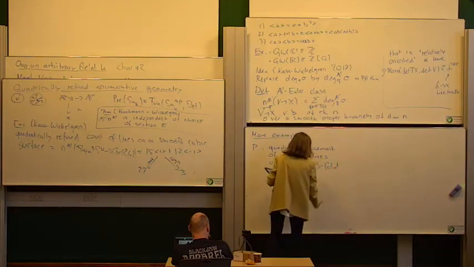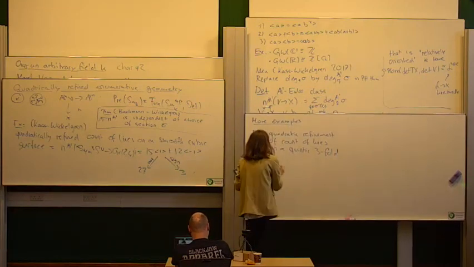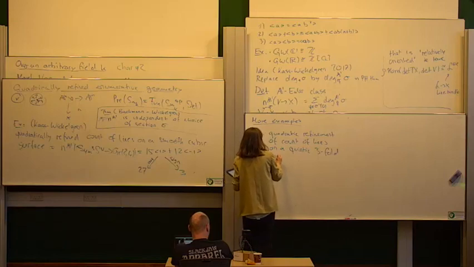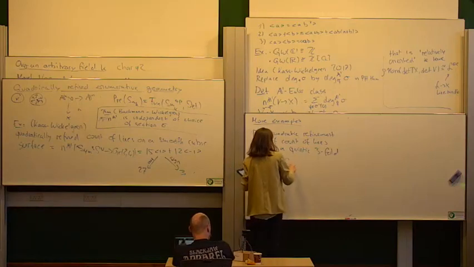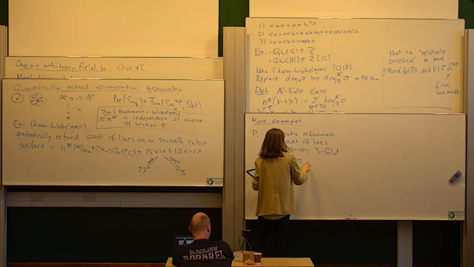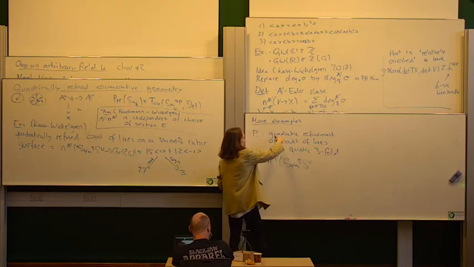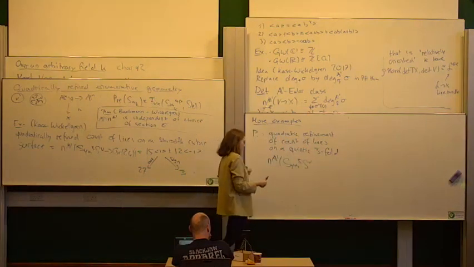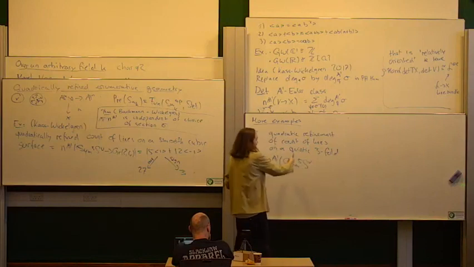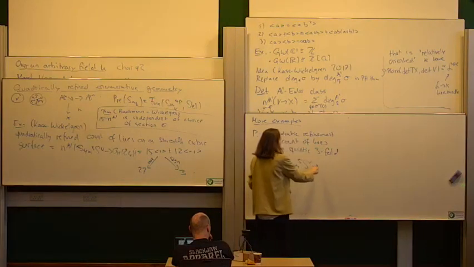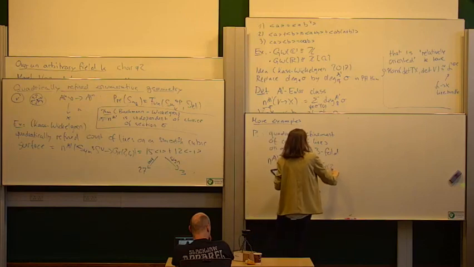Here's what I get. Again, this is the A1 Euler number of a bundle that looks very similar. So I get the quintic threefold, a degree 5 hypersurface in P4. By the same argument as before, I just have to take the fifth symmetric power of the dual tautological bundle over now the Grassmannian of lines in P4.